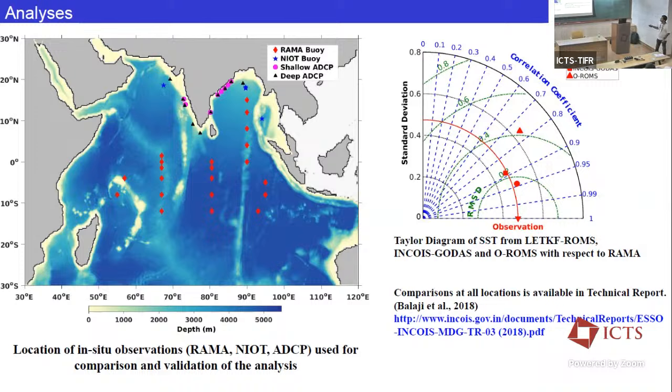So this one is for a model which has not assimilated anything. Now this is our model, this solid red dot. This model has an RMSD of less than 0.2 and a correlation slightly less than 0.95. And it is very close to the standard deviation of the observation. I hope in future all of you will be able to read Taylor diagrams.